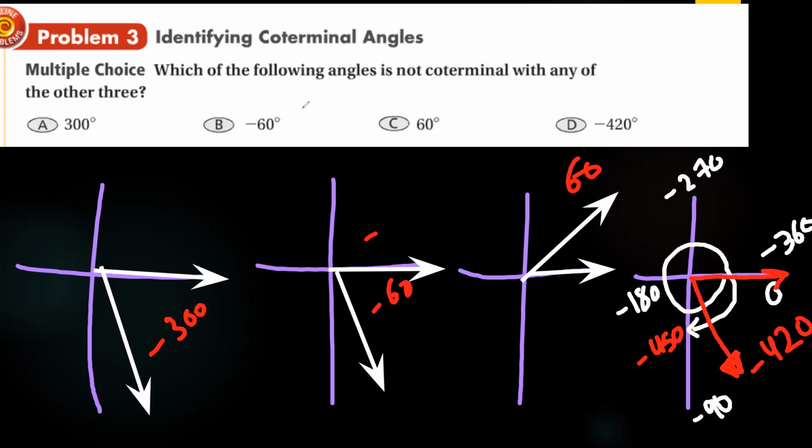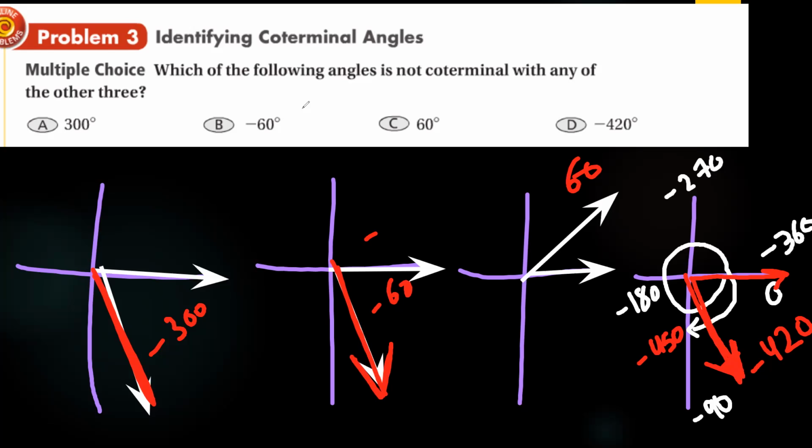Now let's see from these four angles which angles are coterminal. We say that 300 and negative 60, as you see, have the same terminal side. Negative 420 and negative 60 are also coterminal, as you see here, they have the same terminal side. And negative 420 with 300, also they have the same terminal side.